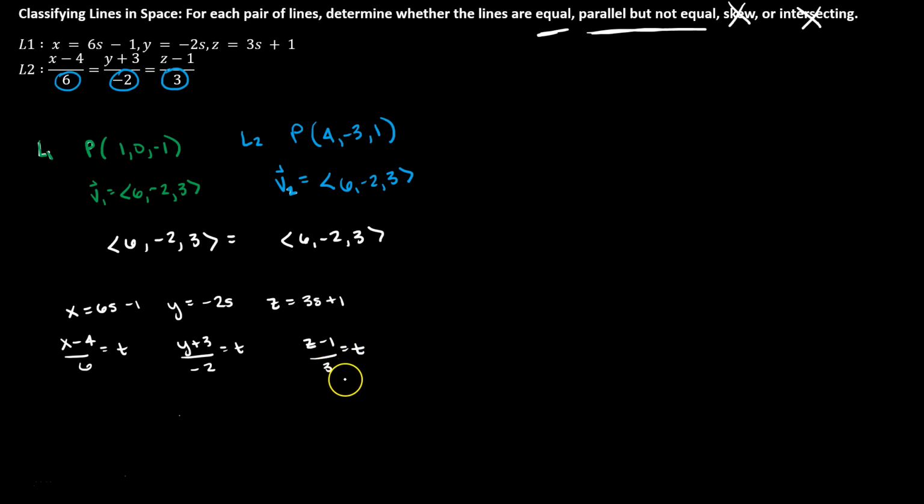And then we want to solve this system to find out if there's any points in common. Play with it. See what you can do. See if you can find any values for s and for t that will make this true. Maybe it would be helpful to rewrite these expressions solved from line 2, solved for x, y, and z.